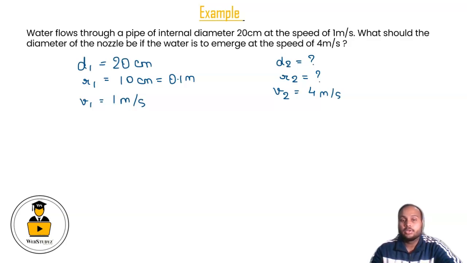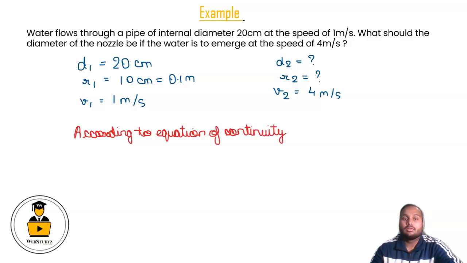According to equation of continuity, we can write a1 into v1 is equal to a2 into v2. V is the velocity, but we need to find the area. So this pipe will be circular, means it is basically cylindrical, so its cross sectional area will be circular. So cross sectional area is basically pi r square.